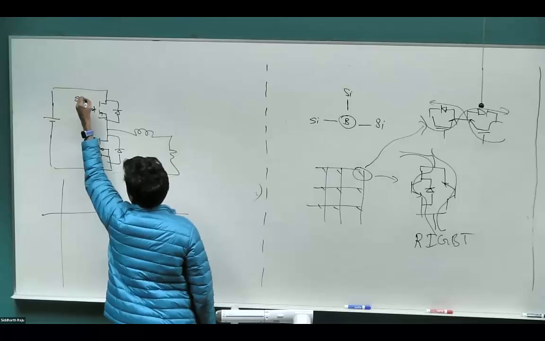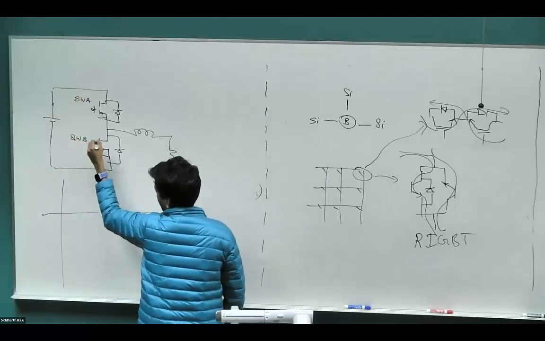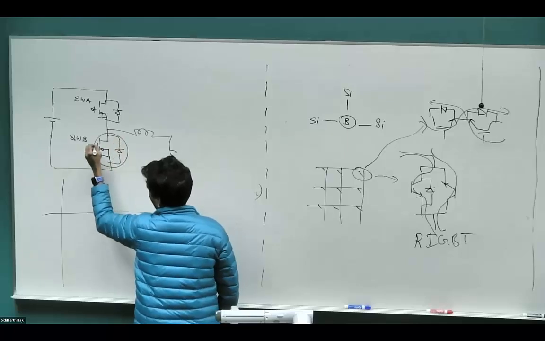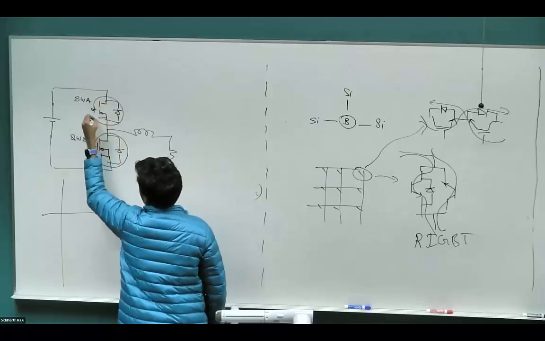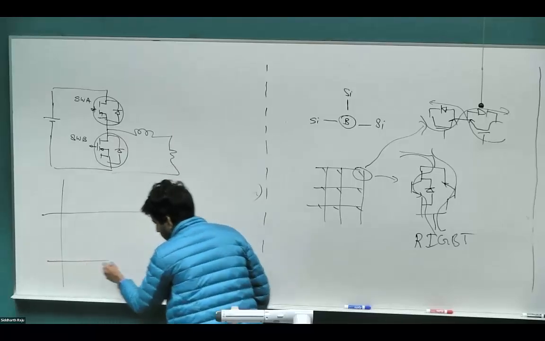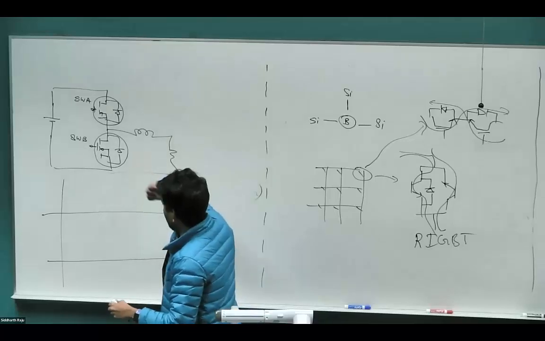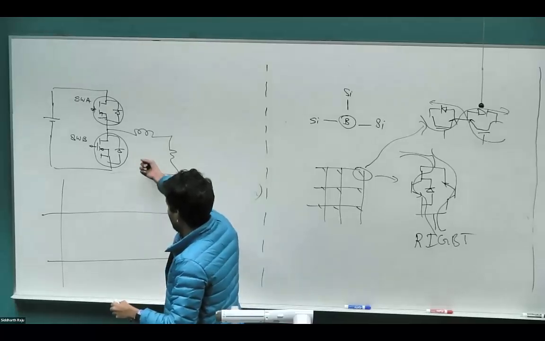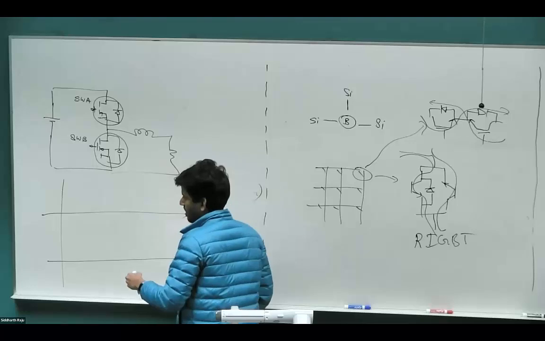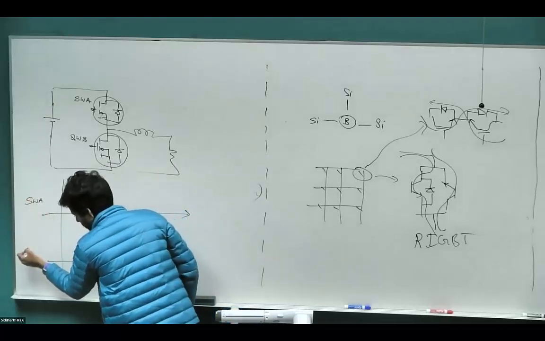So this is, let me call it switch A, and this is switch B. When I say switch B, it's the complete unit, including the body diode that's part of the device itself. Sometimes called parasitic diode, but that would mean it doesn't have any use. It's a detriment, but in our case, as we'll see, it's very important that diode be there.